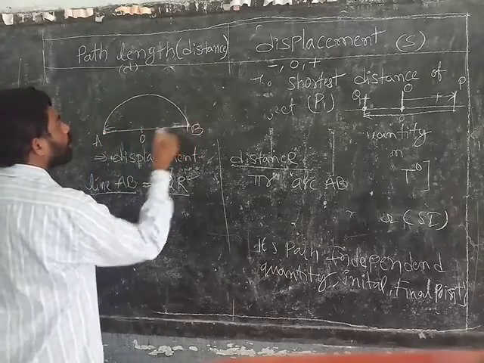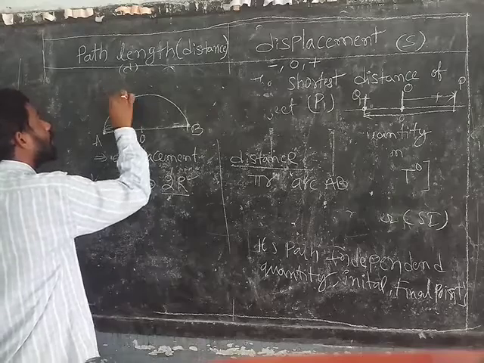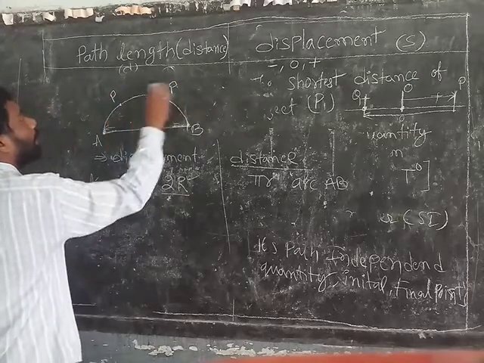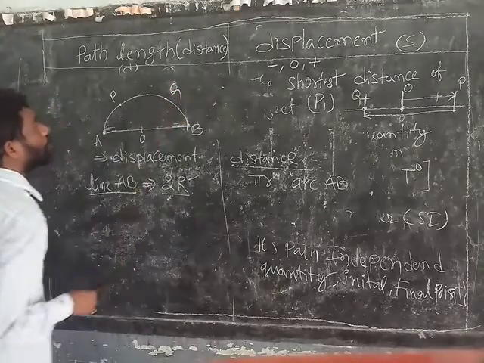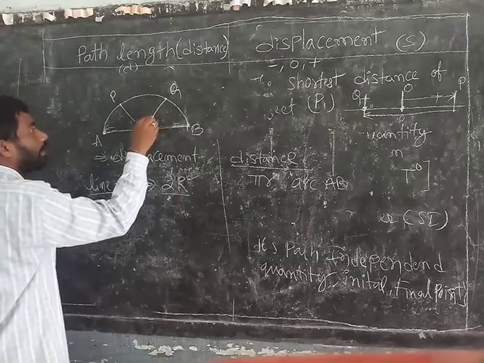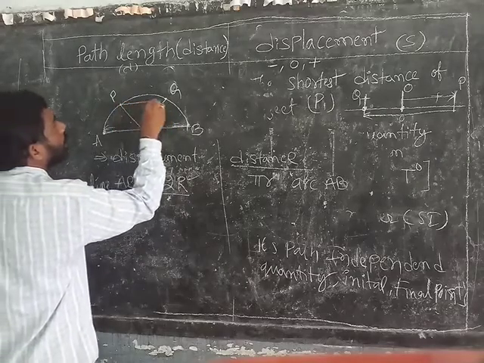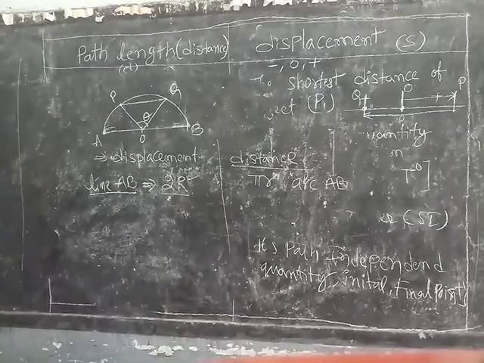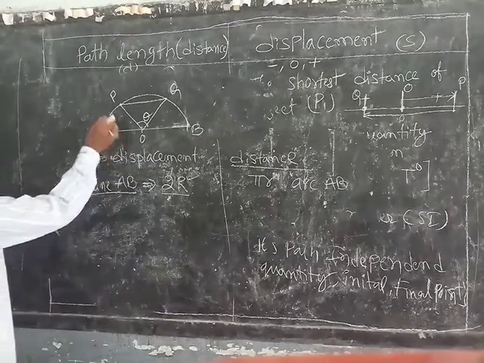The same thing applies if we take two more points on this semicircle, that is P and Q. They make some angle with the origin, taken as theta. Then the displacement is the line PQ.